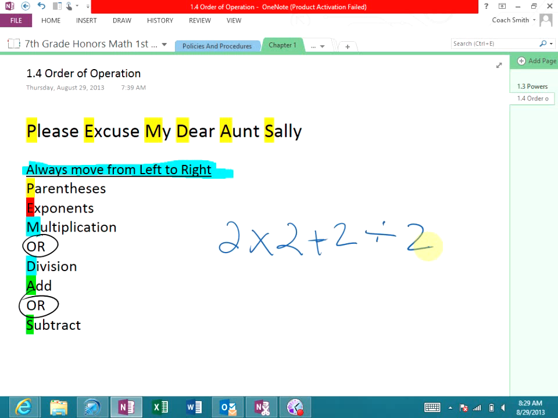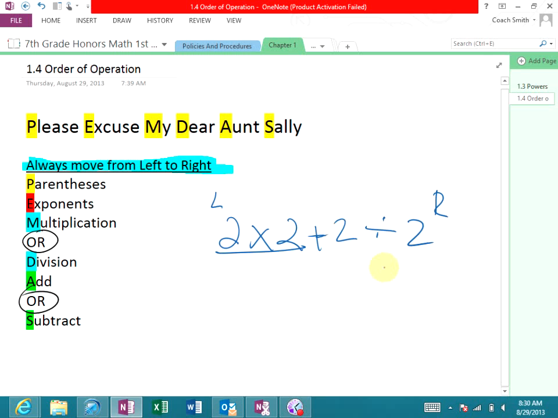Derek? Okay, we do multiplication, which is 2 times 2. So this would be first, because there are no parentheses, there aren't any exponents, so I have to do multiplication or division. So when I start on the left side and move to the right side, we're going to run into 2 times 2 first.